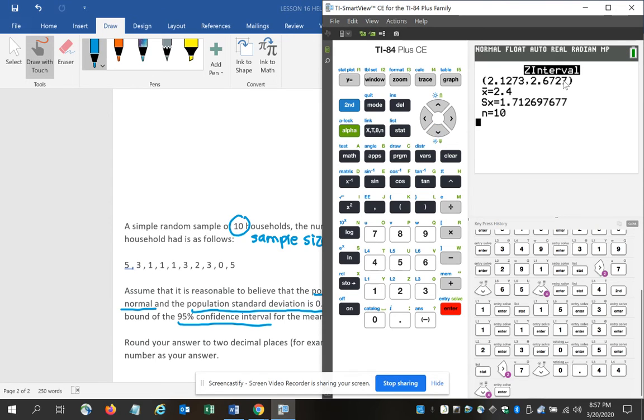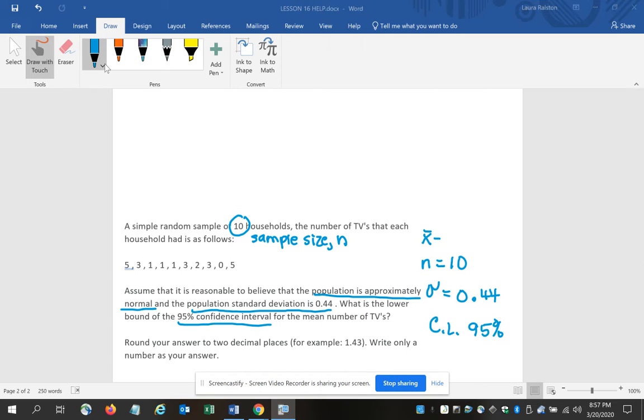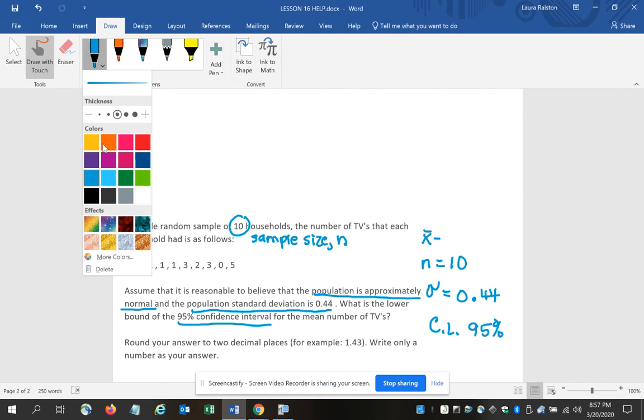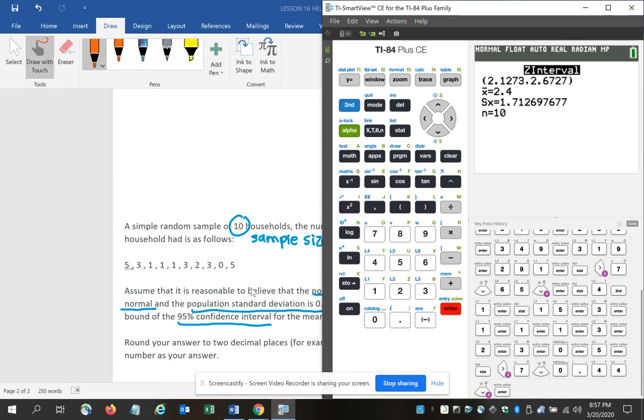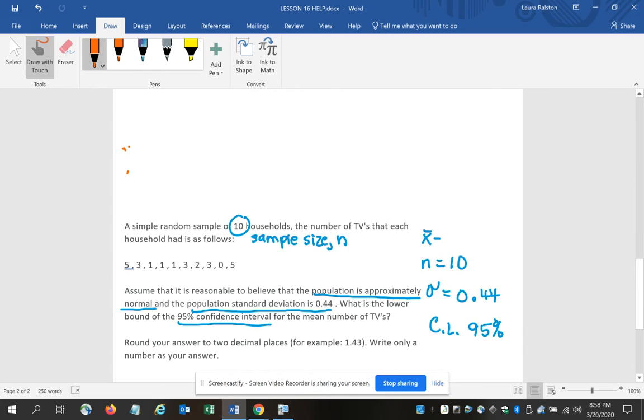And the numbers that I get from the calculator, I'm going to write above my problem here. Sorry, let me pull it back up one more time.